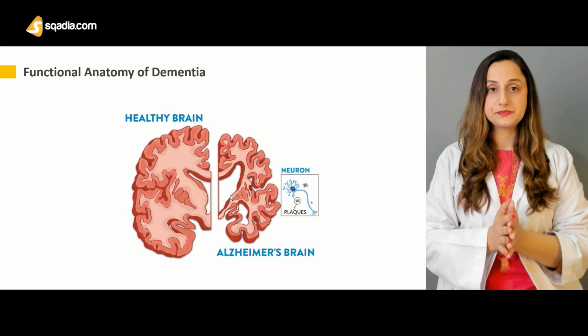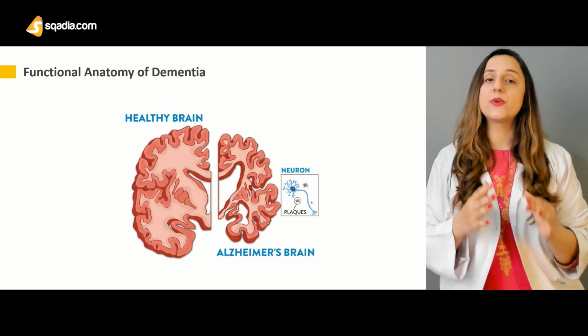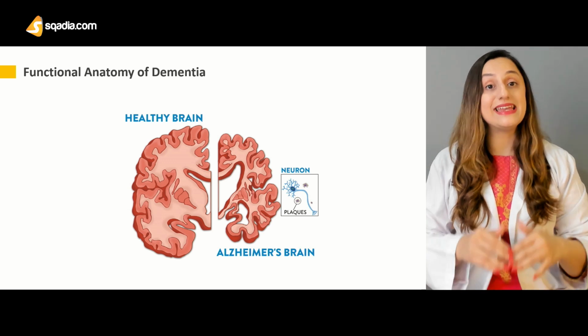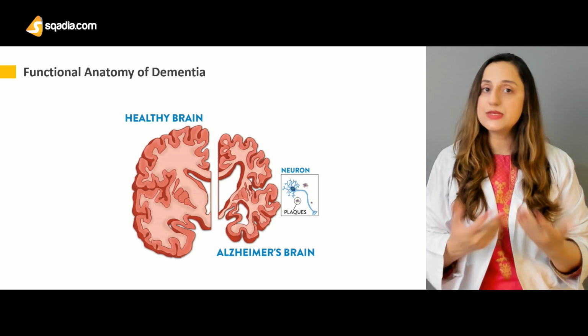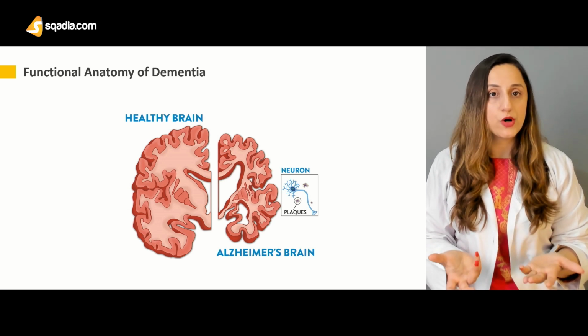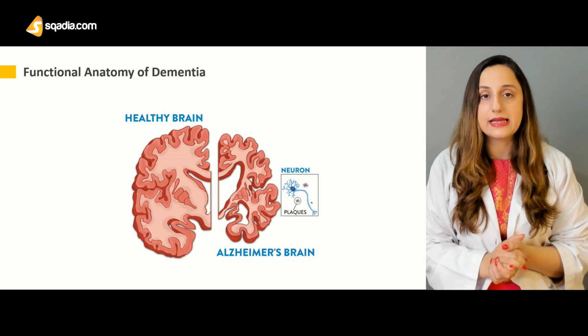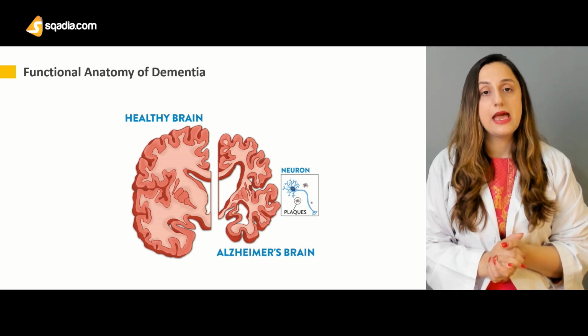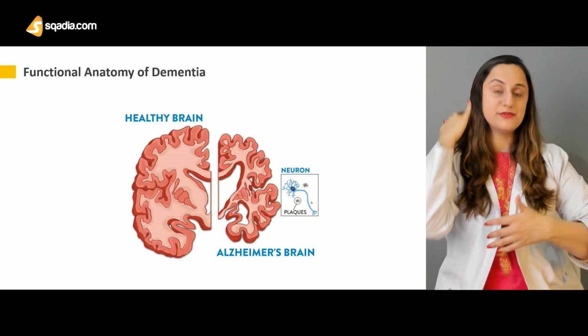We have the third and fourth ventricles, and all of these ventricular spaces are enlarged in cases of cortical atrophy. So this is what you are going to look for when you are looking at the MRIs or the CT scans in these patients, and you are diagnosing that this patient is suffering from dementia.